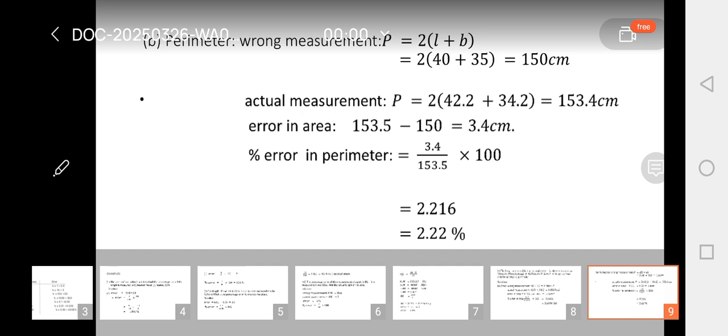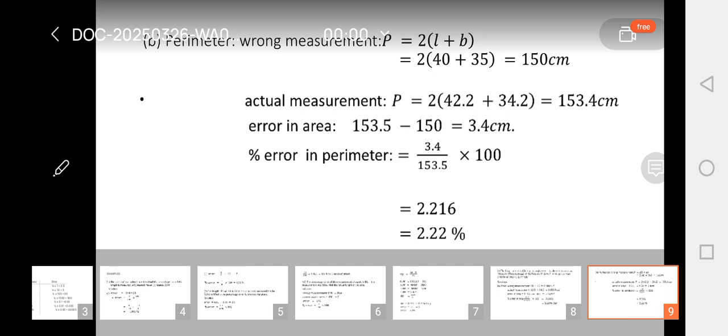Then the actual perimeter is 2 brackets 42.5 plus 34.2, and when you do that, you now have 153.4. So the error in perimeter is 153.4 minus 150, and that will give you 3.4.